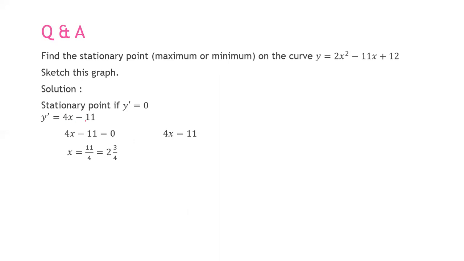Because 4x minus 11 is the first derivative of this function. So if 4x minus 11 equals 0, it means 4x equals 11, because negative 11 moves to the right side and becomes positive 11. If 4x equals 11, it means x equals 11 over 4, or 2 3/4.